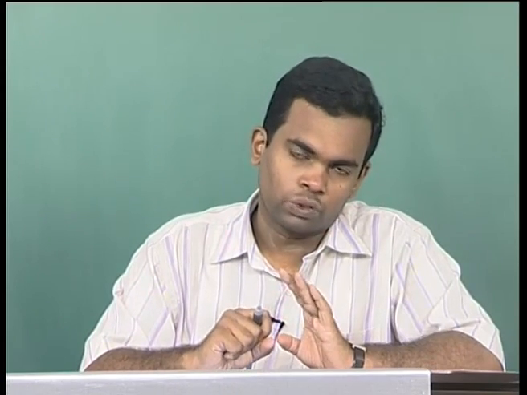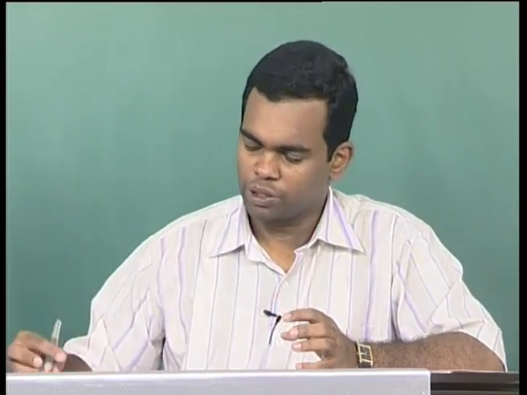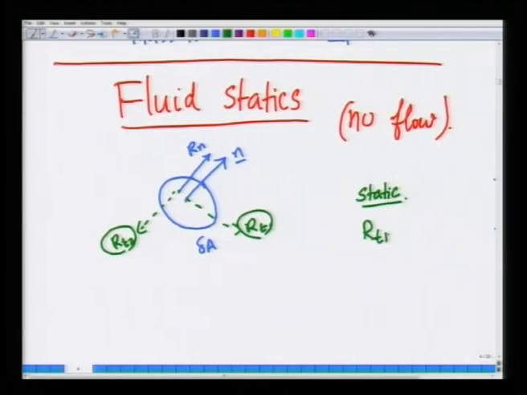We just saw this in detail in the last lecture, where we constructed simple thought experiments which showed that a fluid continues to deform upon application of shear or tangential stresses. So, if you consider a fluid that has no motion, no velocity and no flow, then it implies that the tangential stresses in the static fluid must be 0.